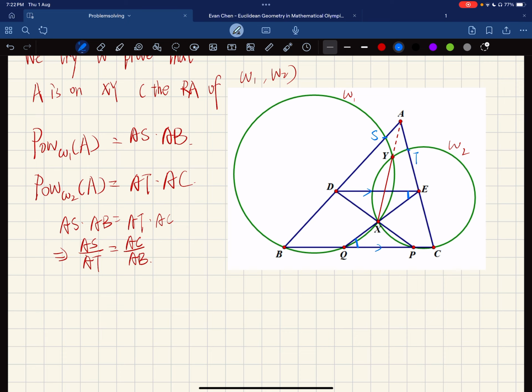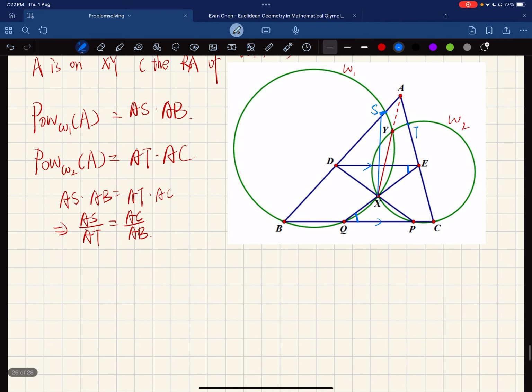Also notice that if we connect the points SX, now we know that PQXS is a cyclic quadrilateral. So we also have angle PQX equals angle BSX.